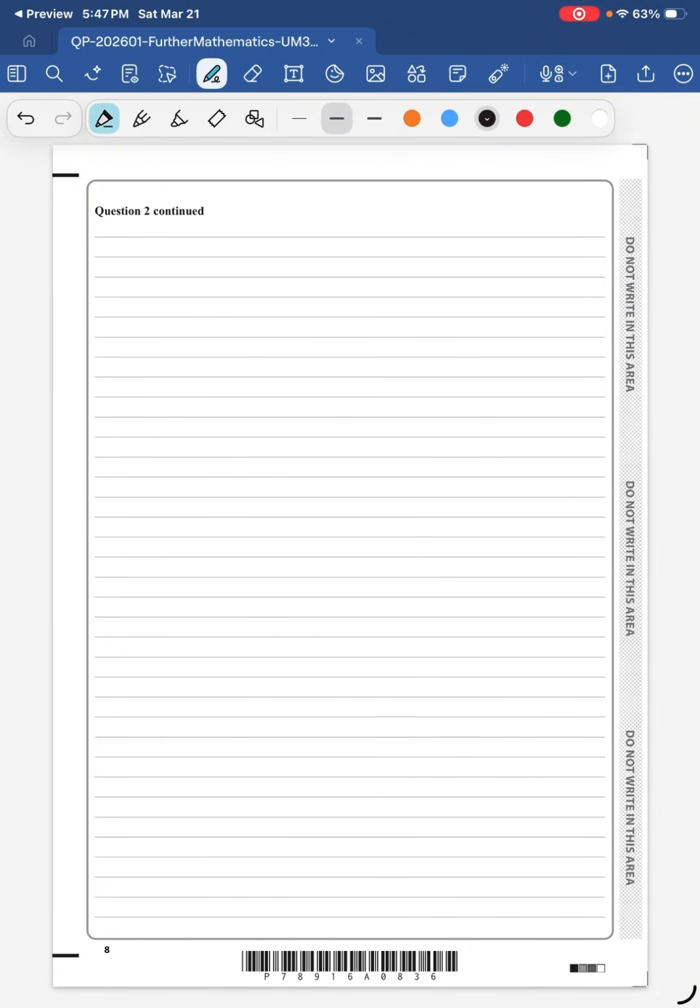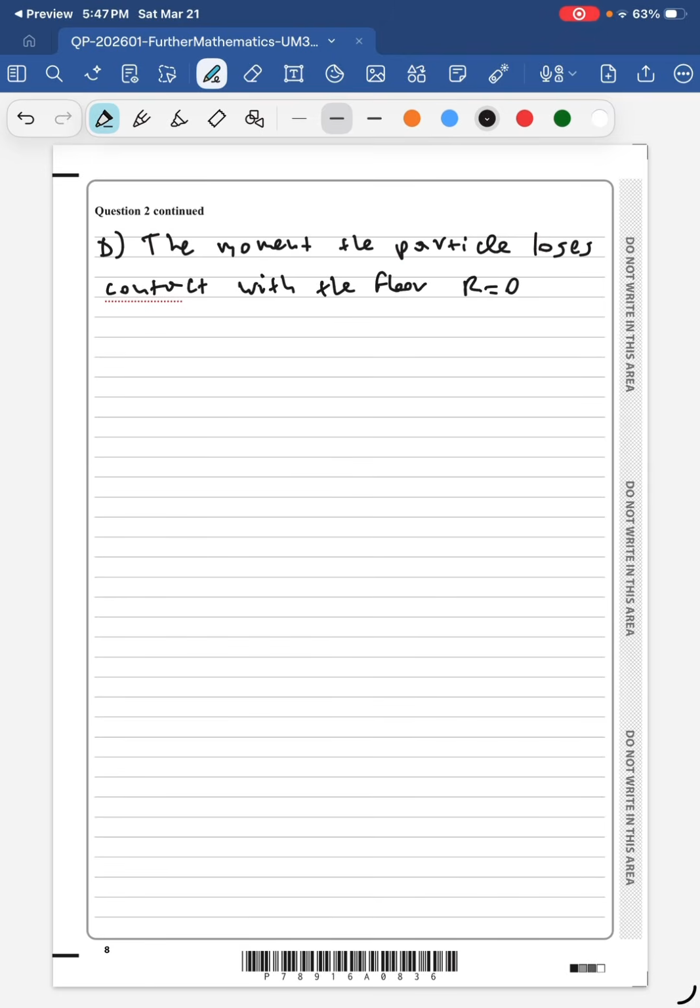So let me write down. We have enough space. So B, the moment the particle loses contact with the floor, R becomes 0 because R is a contact force, and without contact you have no contact force, right?